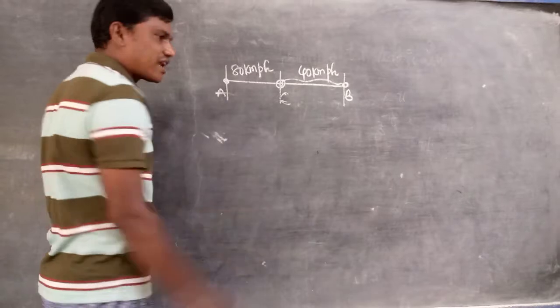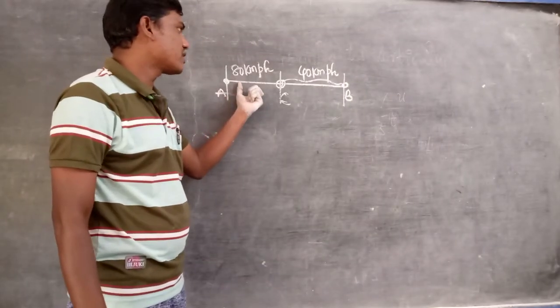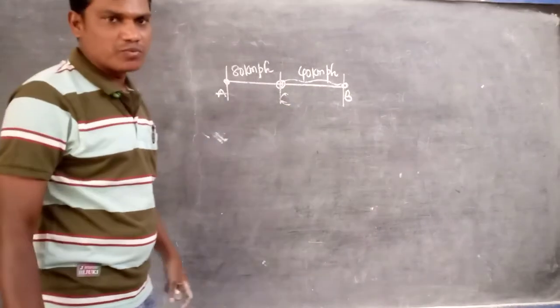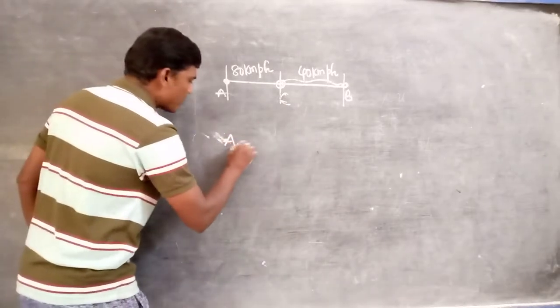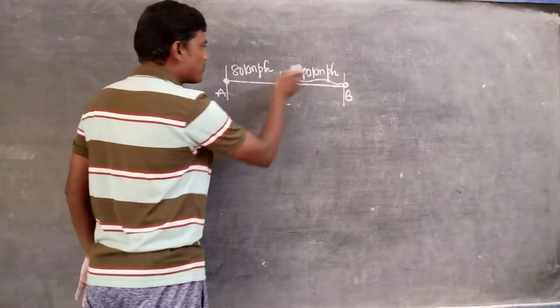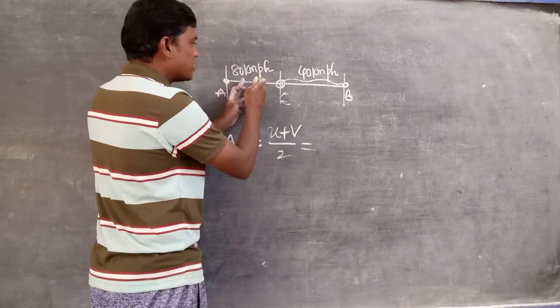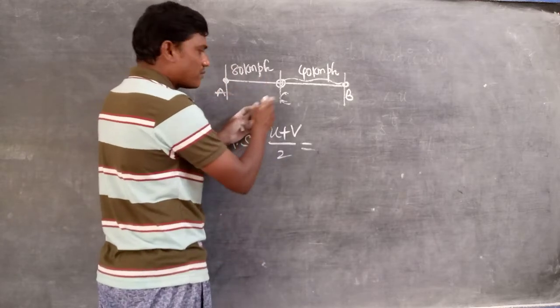Here how many speeds are given? Two speeds. First half of the time is 80 kilometers per hour, the next half of the time 40 kilometers per hour. Instead of the lengthy process, we can follow a simple one. Average speed is equal to u plus v by 2, initial speed and final speed. Initial speed is in the first half of the running time, final is the next half.